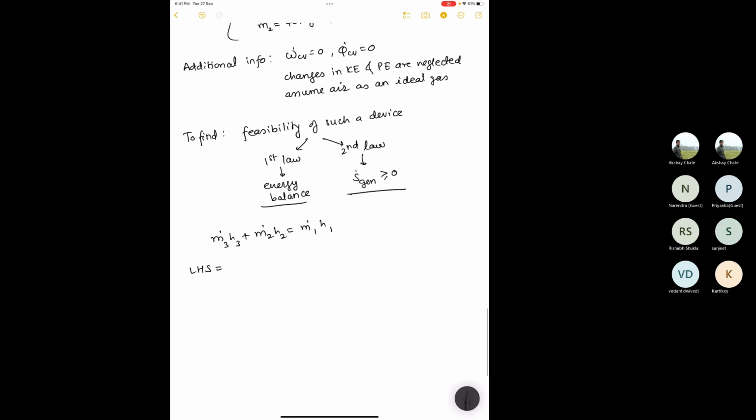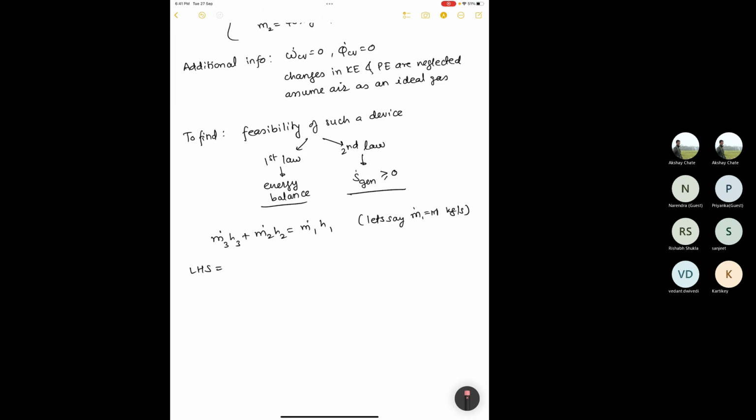So you take the LHS, and let us assume m dot 1 is equal to 1. This will make our life easy. You can take it as some variable m also, so let it be m.